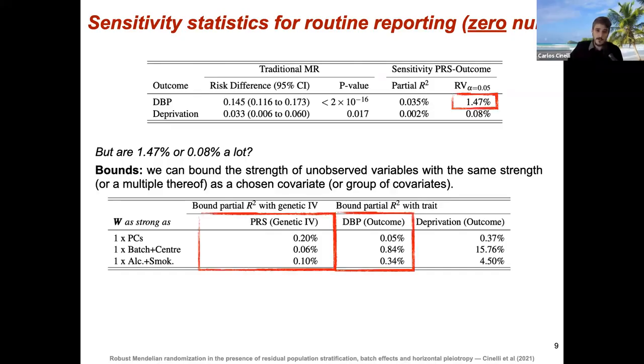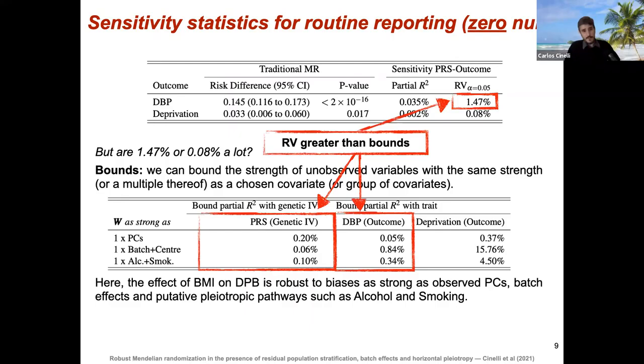Okay, so now note here that since both of the bounds for how much residual variation our omitted variables W explain of the genetic instrument and diastolic blood pressure are below the robustness value of 1.47%, we can conclude that the effect of BMI on diastolic blood pressure, as measured by the Mendelian randomization study, is robust to biases as strong as observed principal components.